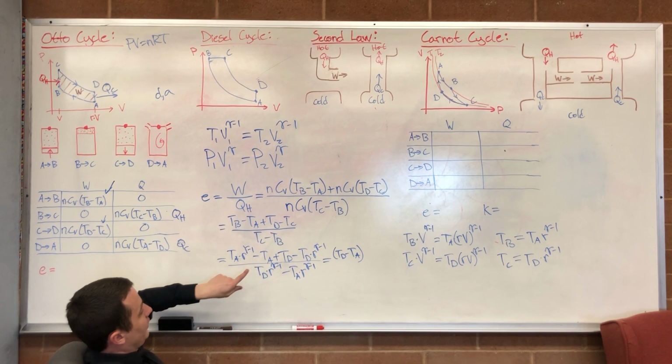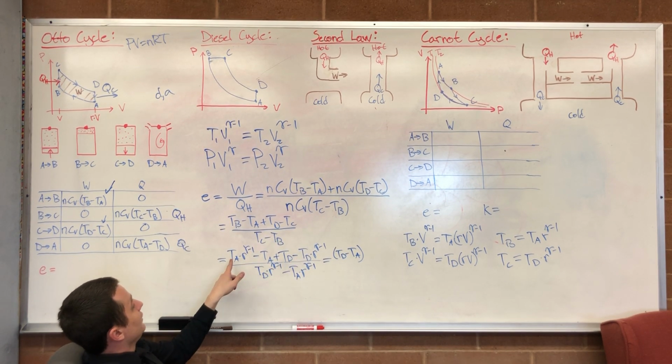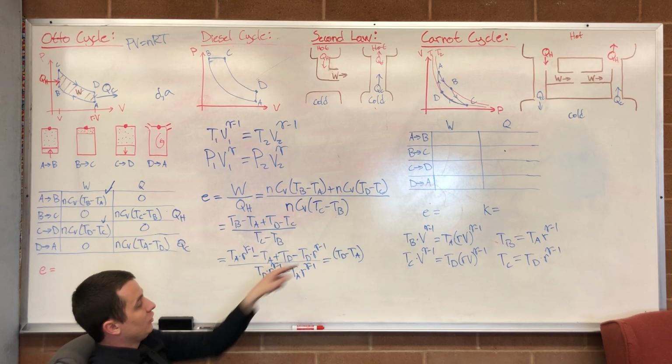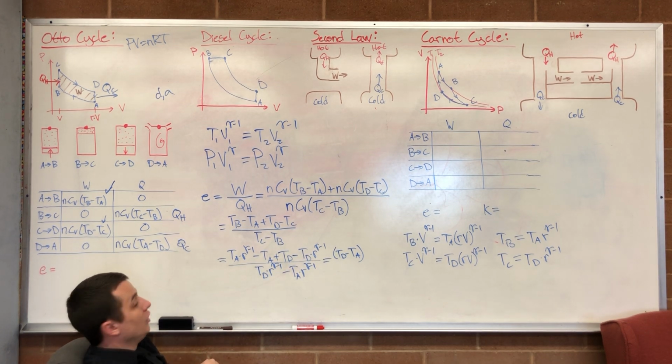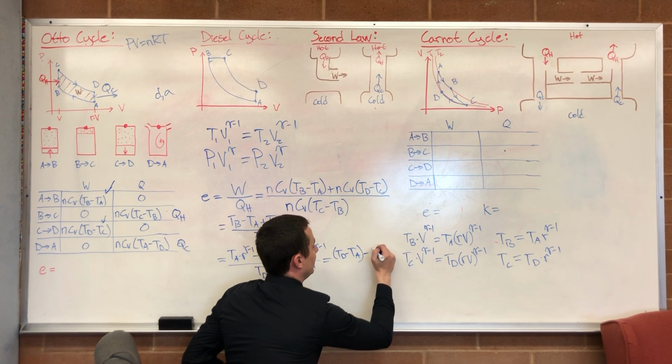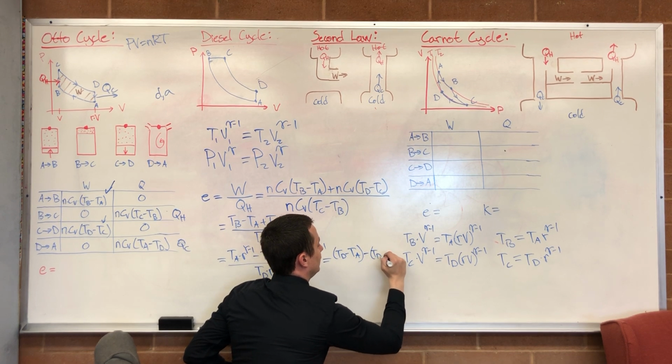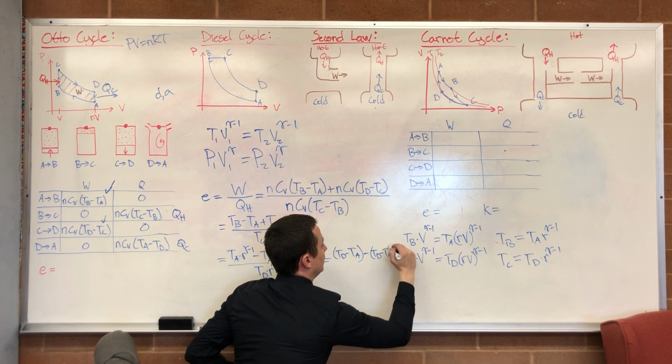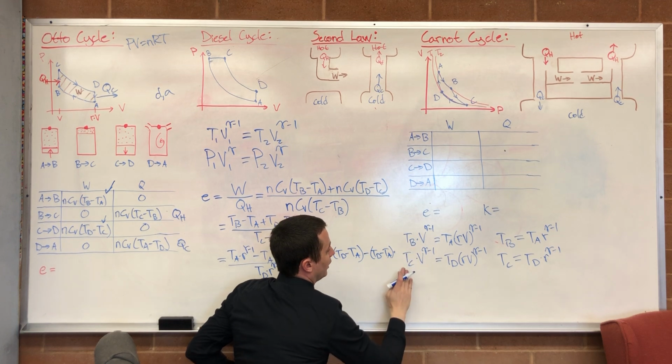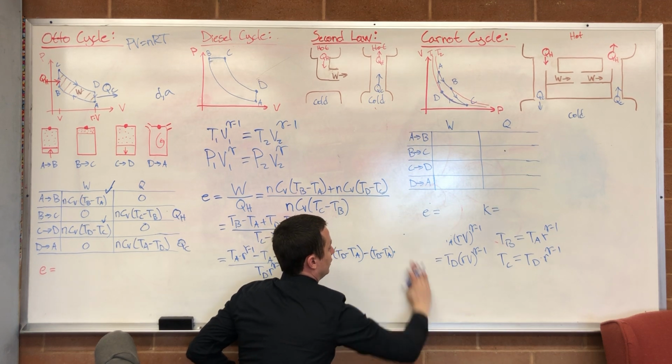And then we have a TA minus TD times r to the gamma minus 1, or we could do negative TD minus TA times r to the gamma minus 1. We don't need those substitutions anymore.